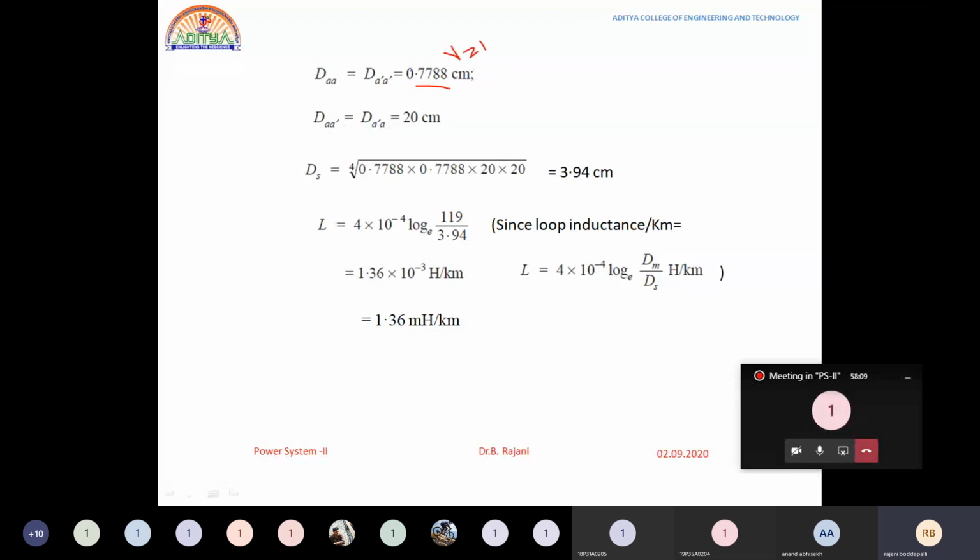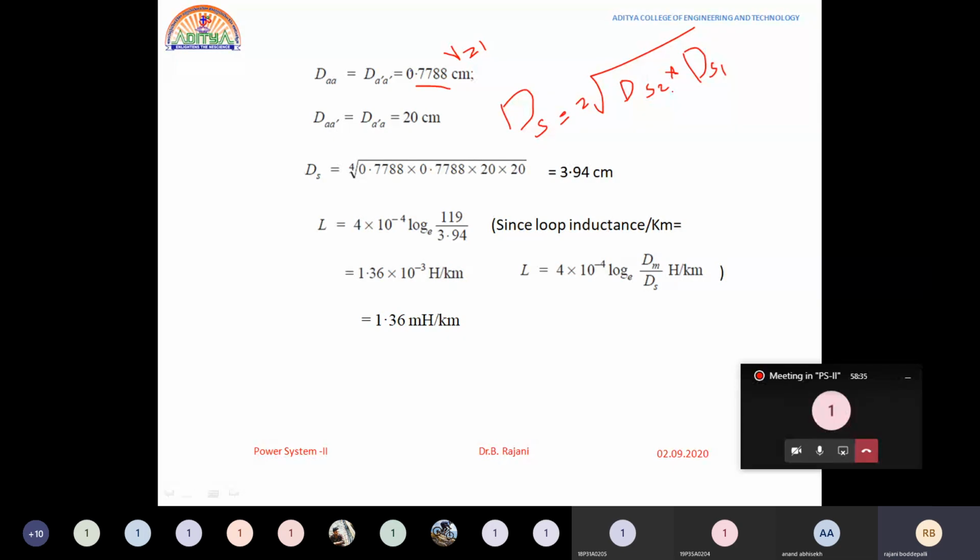Similarly, A to A dash and all that we were having. Now, see the difference. DS is equal to 2 root DS1 DS2. What is DS2? DS2 is for the B combinations. DS1 is for the A conductor and DS2 for the B conductor.